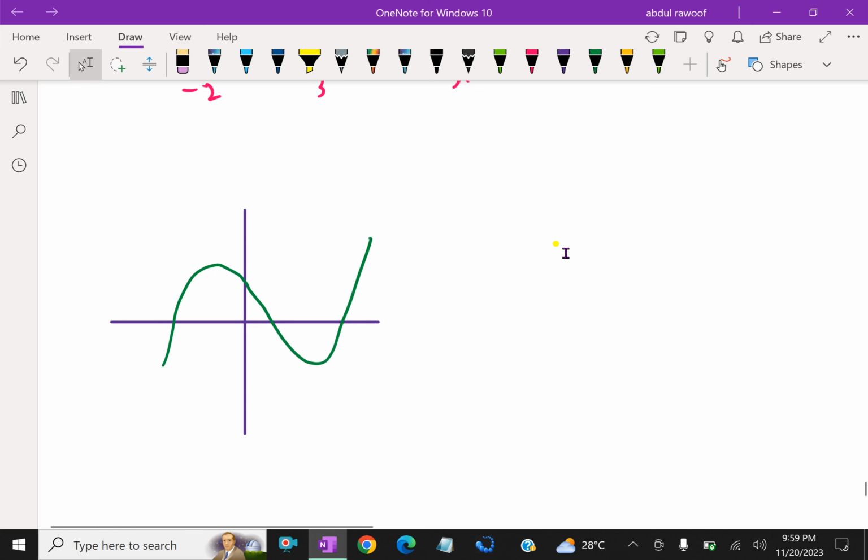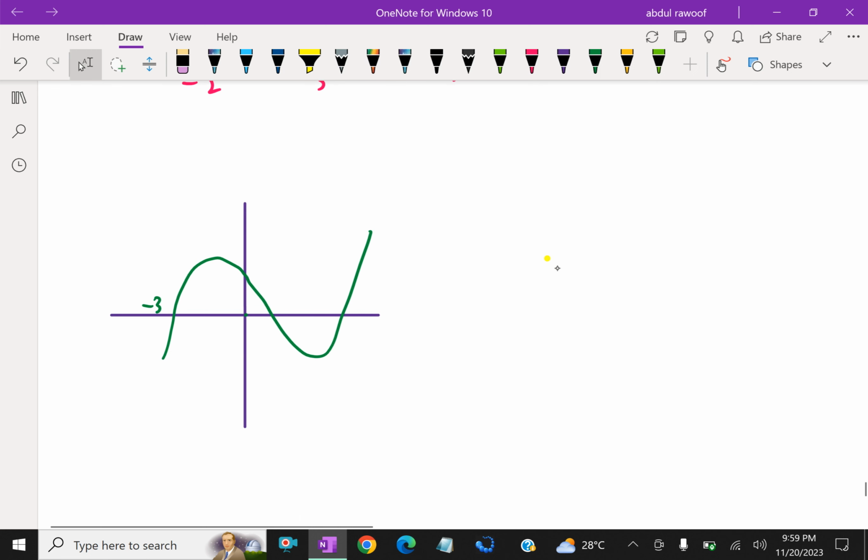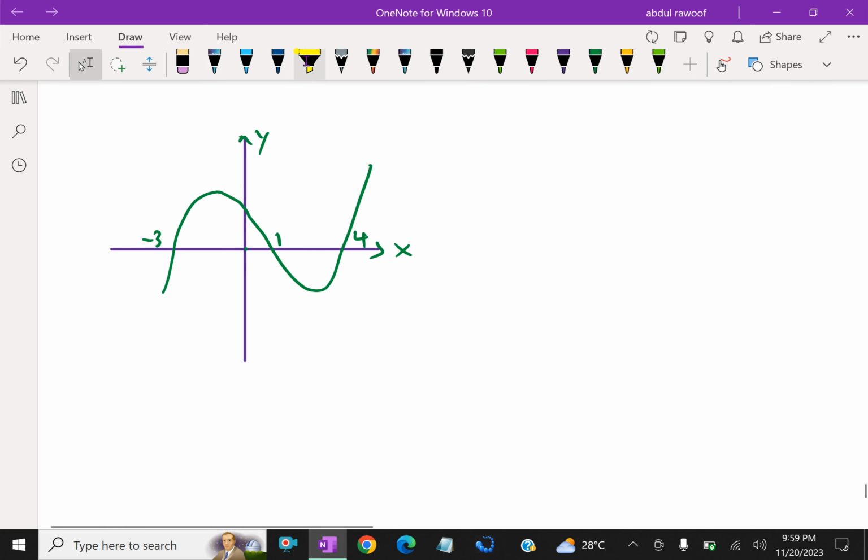Here this is minus 3, this is 0, this is 1, and this is 4. This is the x-axis and this side is y. How to draw the sign diagram for this?